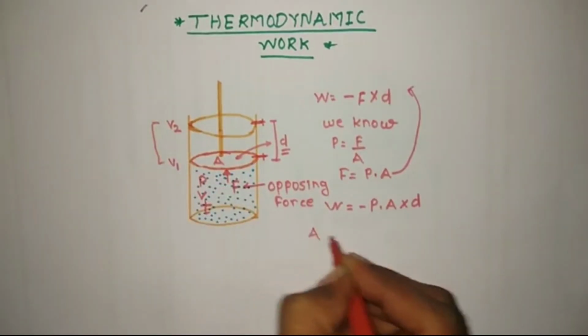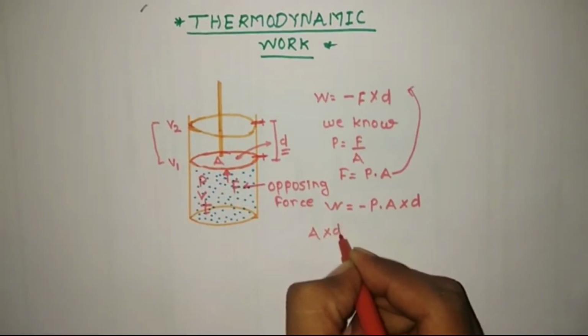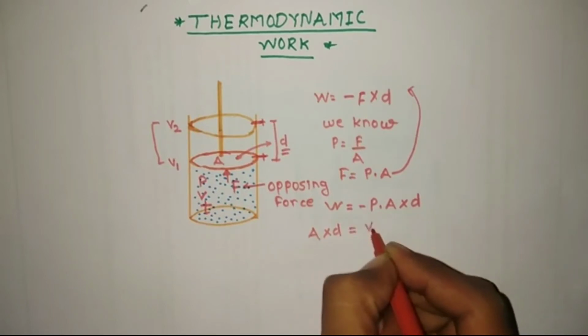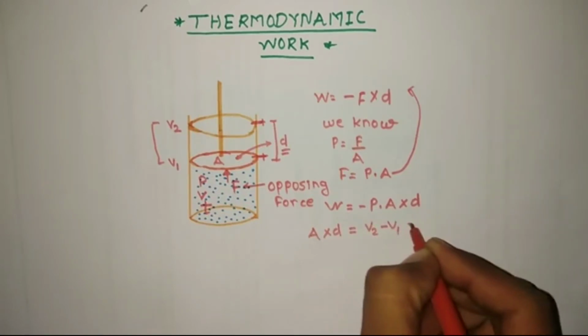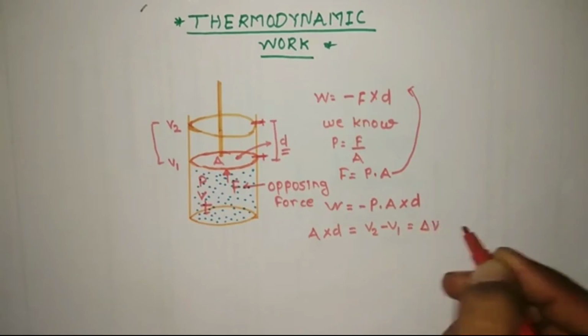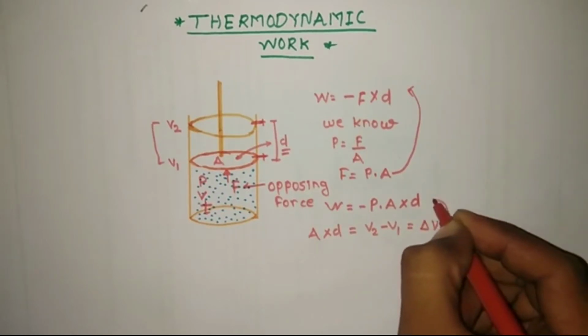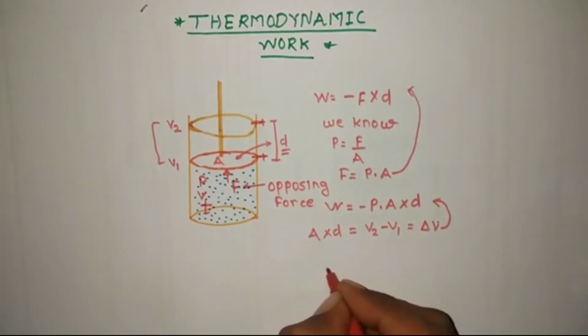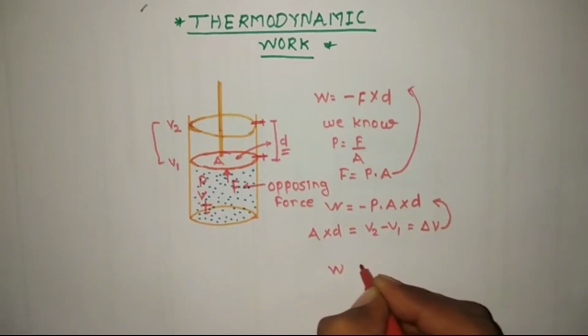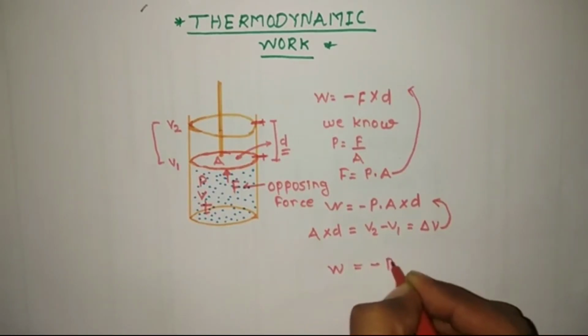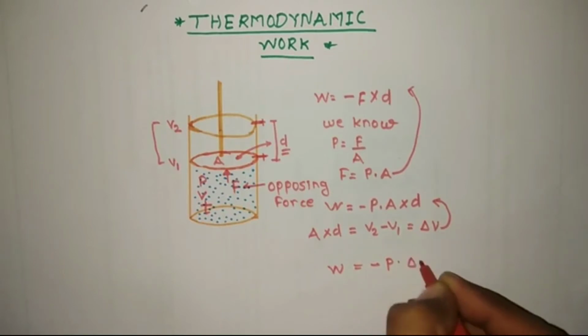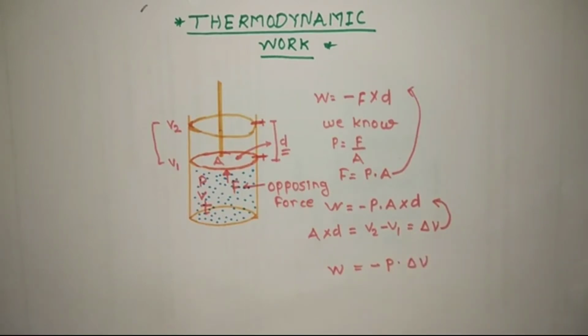So A into d equals V2 minus V1 equals del V. Putting this in the above equation, we get minus P del V, which is the expression for the work.